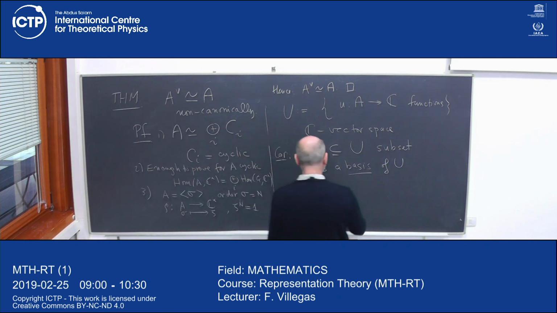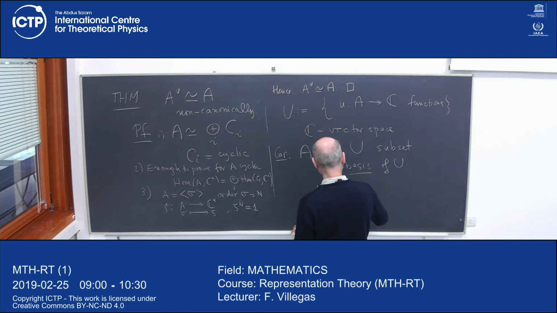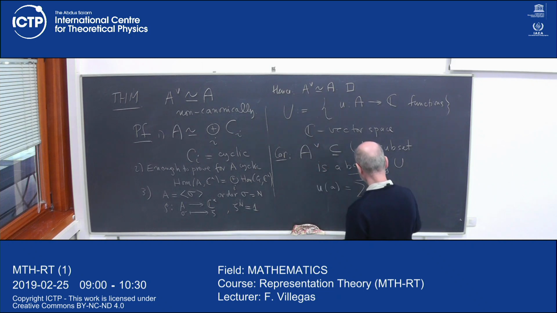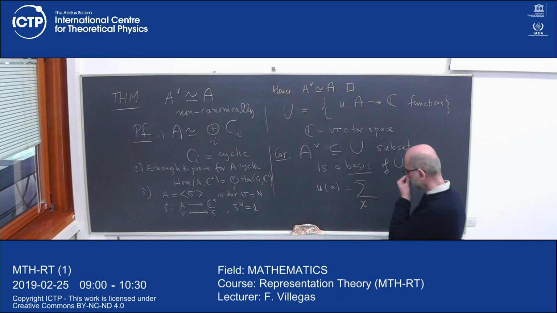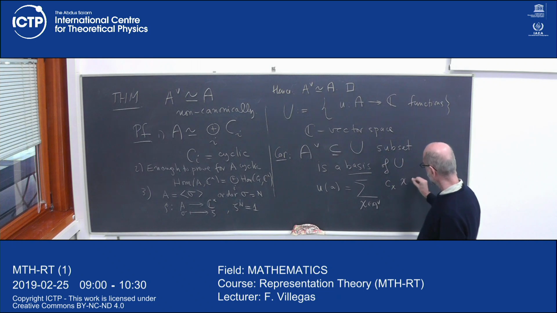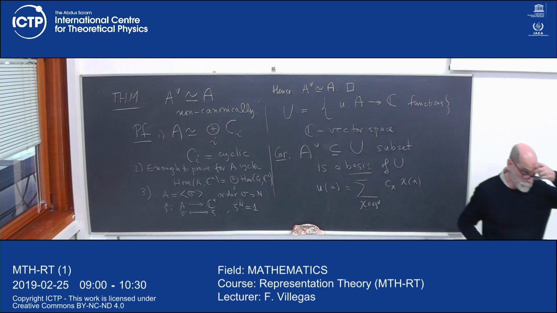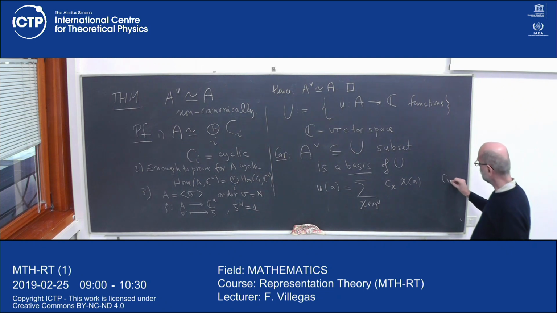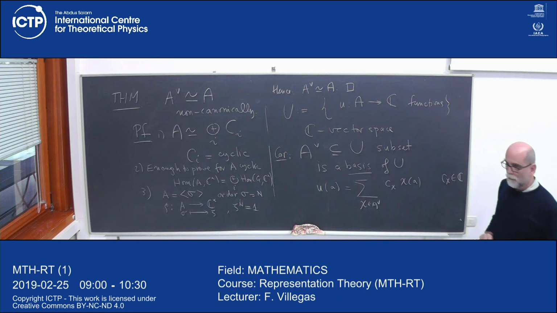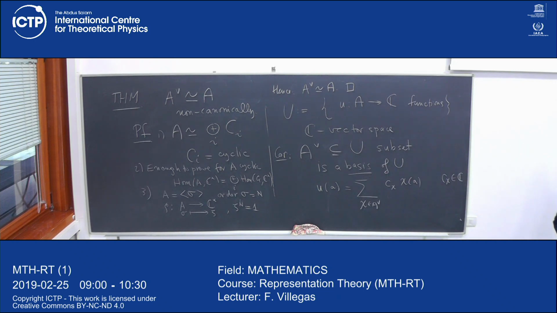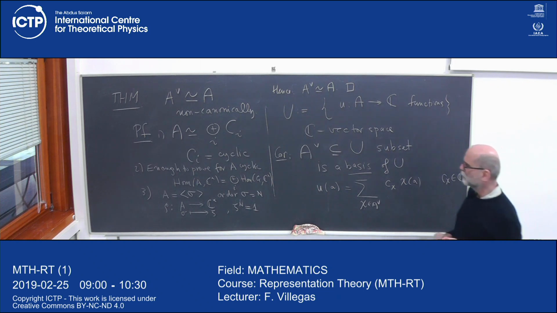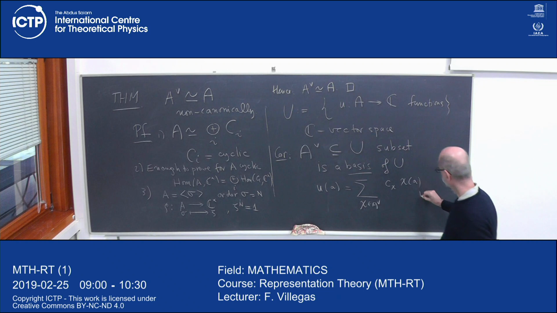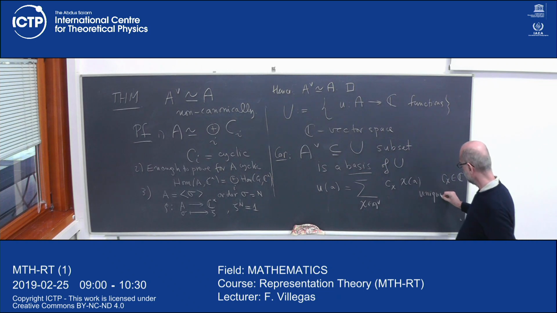Okay, so what that means is that if you give me a function from A to C, then I could write that function as a unique linear combination, with complex number coefficients, of chi A. Okay, so this is unique.